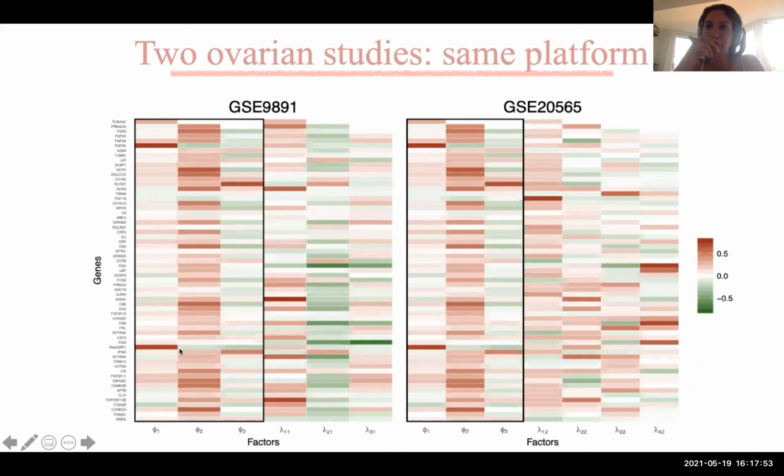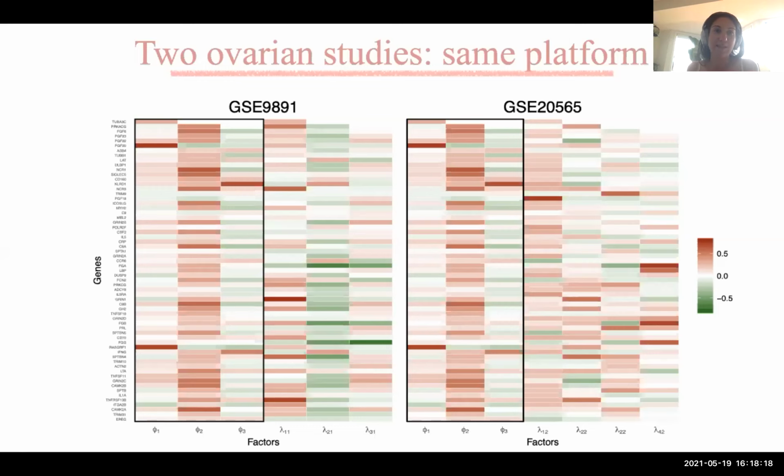And we performed the gene set enrichment analysis to see if any of these common factors are enriched in one known biological pathway, in one known biological pattern. And actually, we discovered that the first is related to the innate immune response, and the other 2 are not related to any other biological pattern.